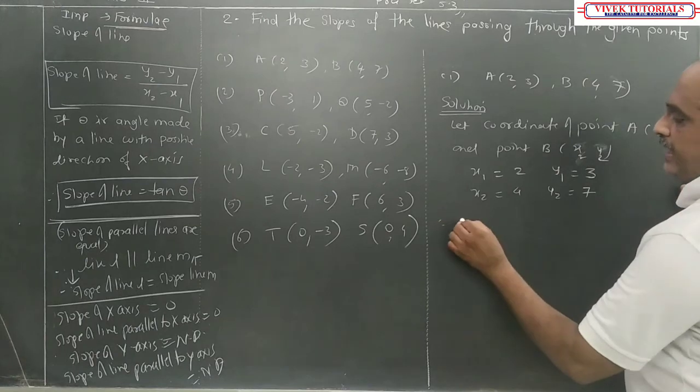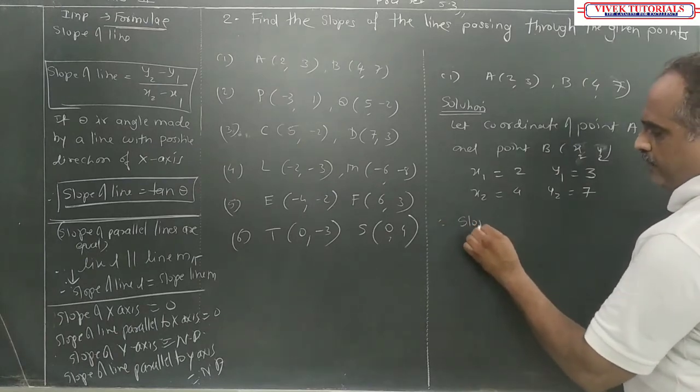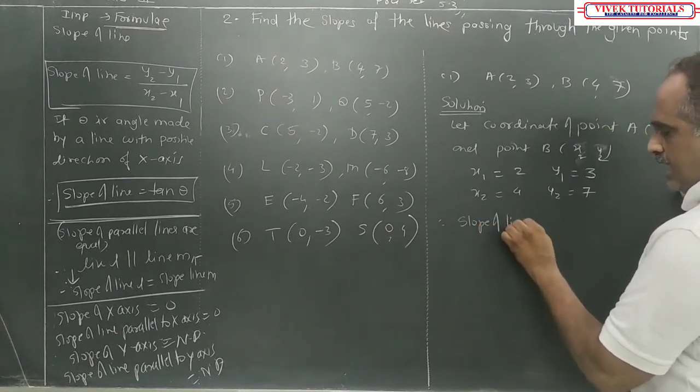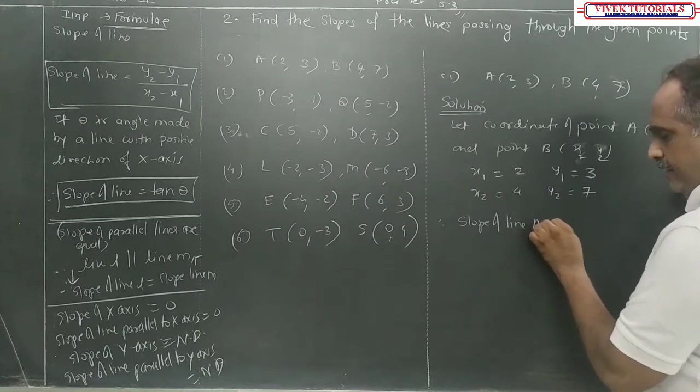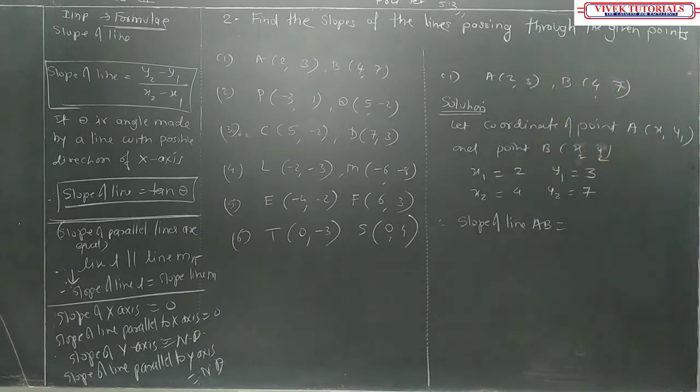Therefore, what can I write then? Slope of line AB. There are 2 points, so we made it a line now. We can give the name slope of line AB, m, is equal to y2 minus y1 upon x2 minus x1.